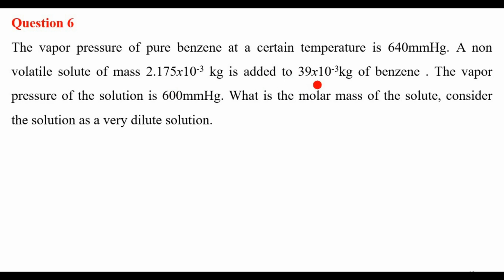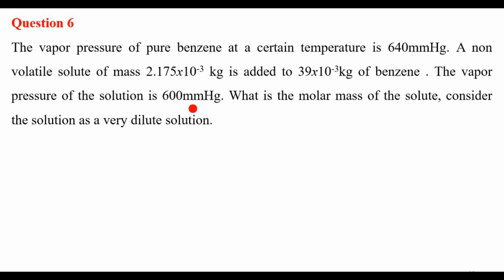That means here we have the mass of the solid, and you also have the mass of the benzene, which is the pure solvent. The vapor pressure of the solution is 600 millimeter mercury.